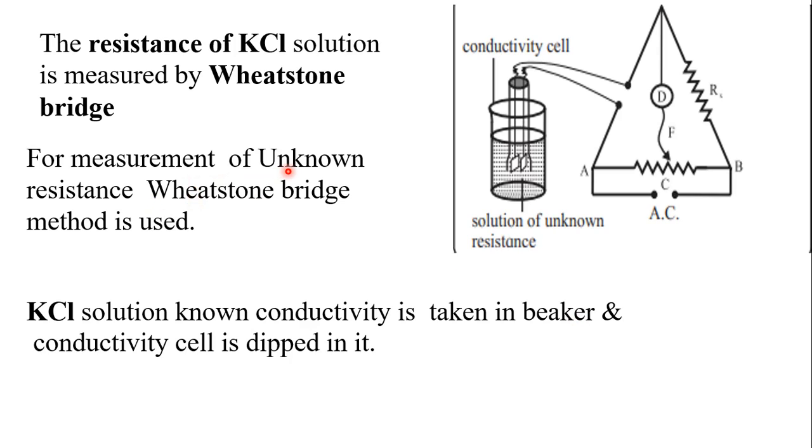For the measurement of unknown resistance, you know that the Wheatstone bridge method is used. A KCl solution, whose conductivity is known to you, is taken in a beaker like this, and the conductivity cell is dipped in it.